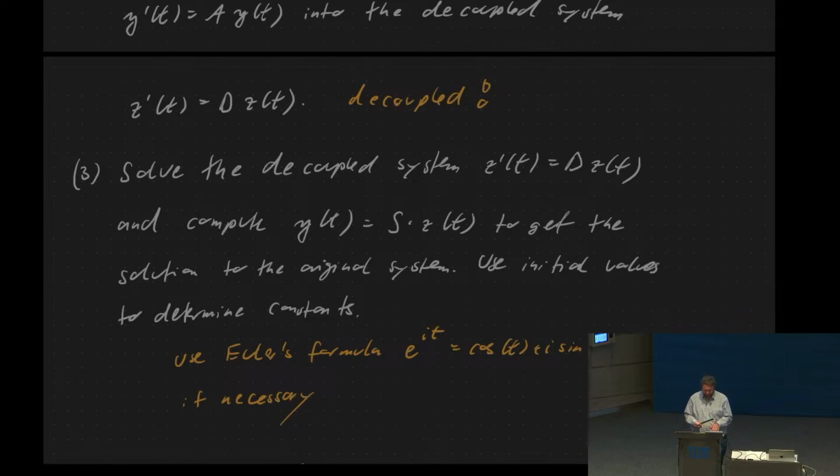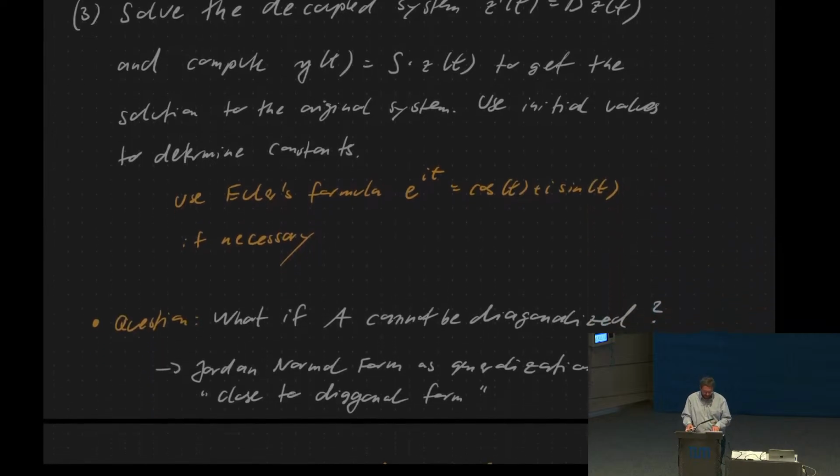In that case, we would use Euler's formula, like that, to hopefully obtain a solution that works in the real space. We translate the imaginary exponential function into cosine and sine parts. I'll show you an example in just a minute to see how that works.